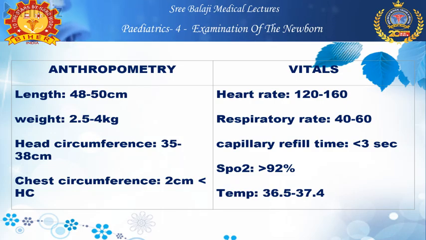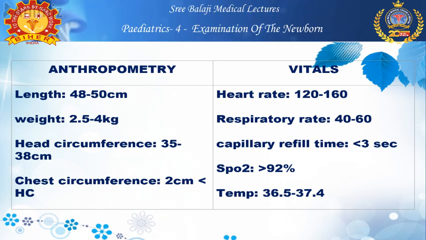This is equal to blood pressure. That is, by blanching the skin for 5 seconds and leaving it, the refill time should be less than 3 seconds normally. And one more important vital is the temperature of the baby. That is not given here. The normal temperature is 36.5 to 37.5 degrees centigrade, a range of 1 degree centigrade.